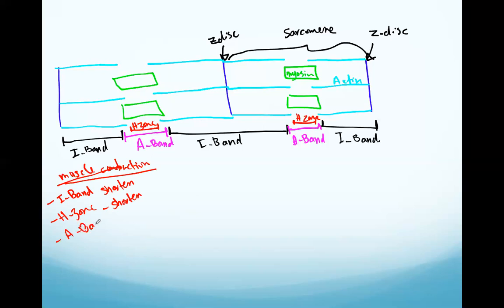A band, which is basically a depiction of the length of your myosin, stays the same. But in an overall picture, your sarcomere, which is your muscle contractile unit, is shortened.